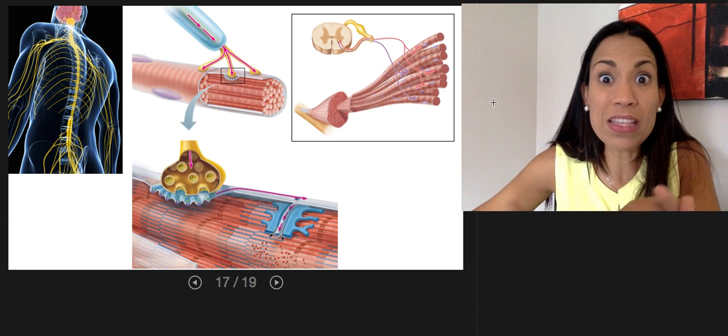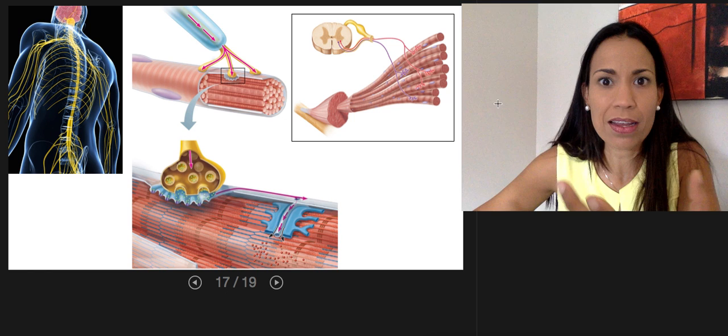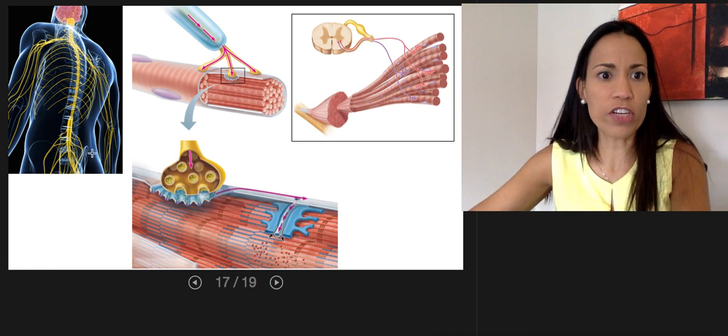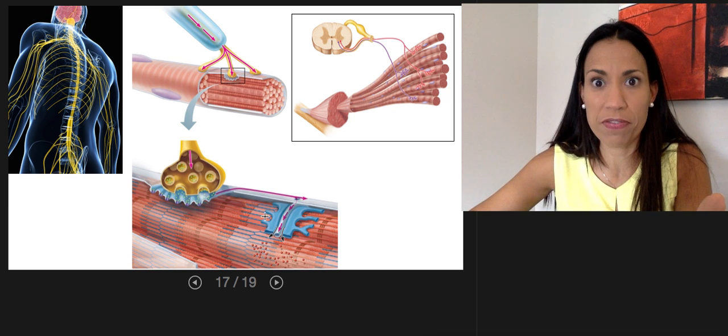So in order for all of these events to happen and have muscle contraction, we need a connection between the nervous system and the muscle fibers.